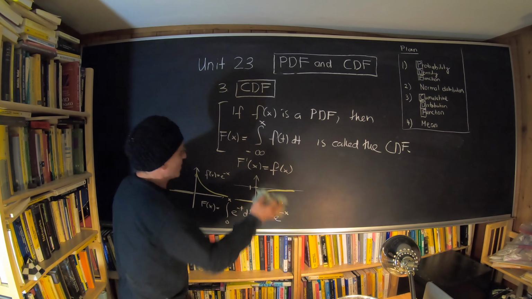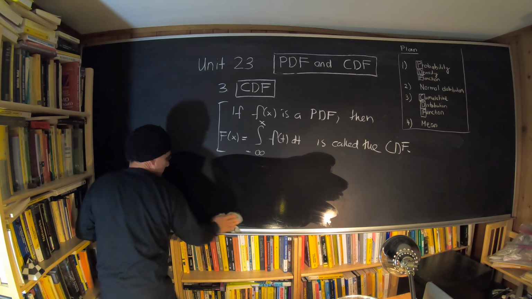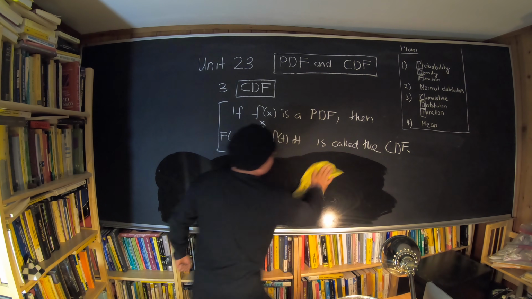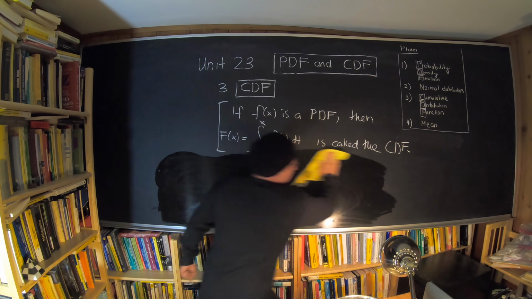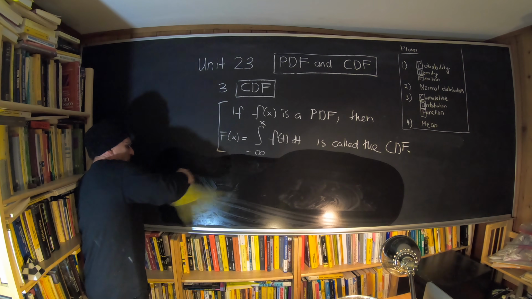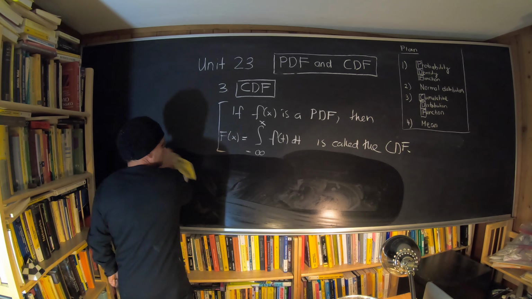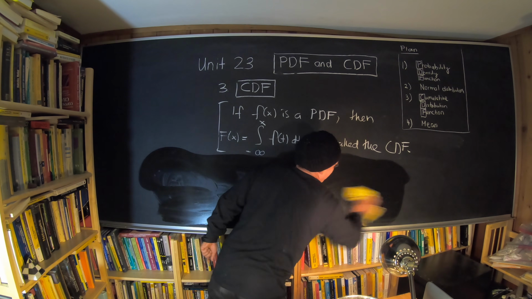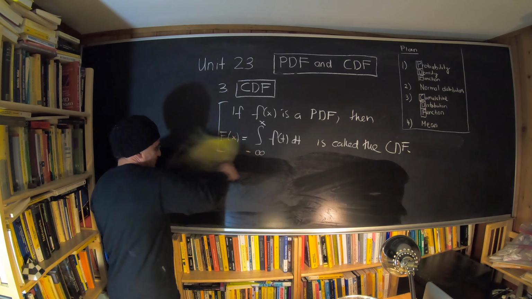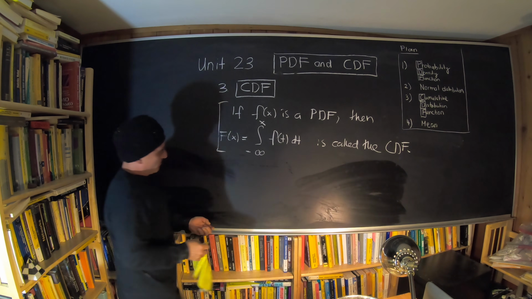Let me give you another example. If you have the uniform distribution on an interval, we already saw that.